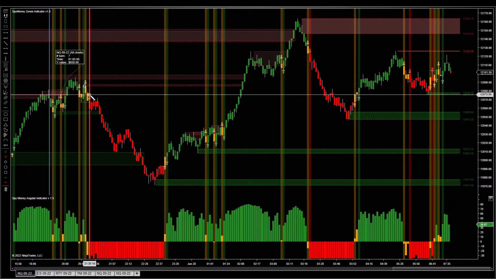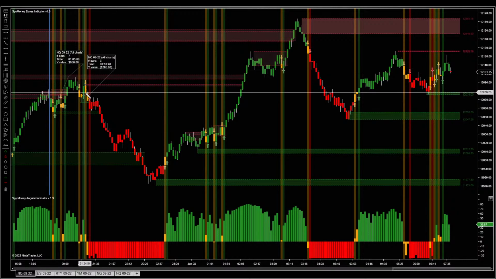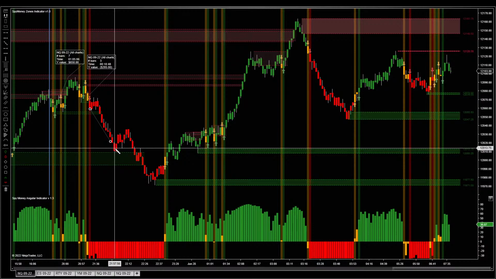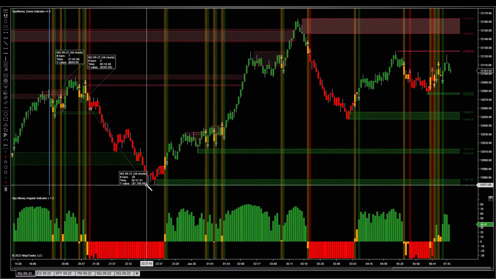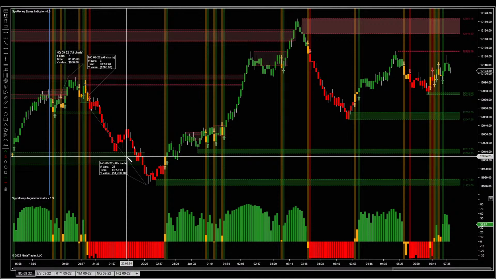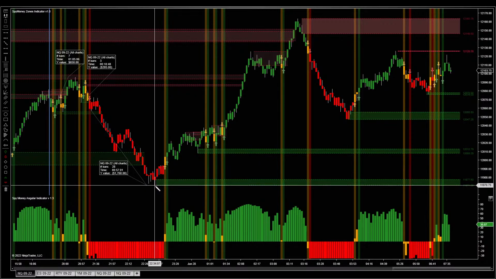This one, you would have come back and got stopped out for a loss of 205 because it did not go up. However, you would have come back down here and you would have got your $500 again. You'd actually got a lot more here. And honestly, you could have quit at this time. That trade ended at 10:34 last night.